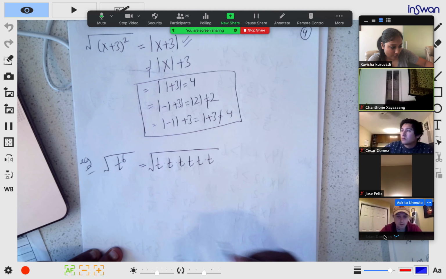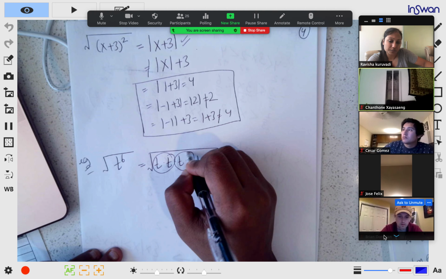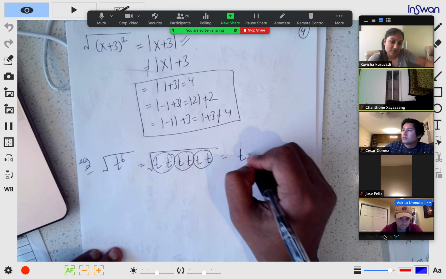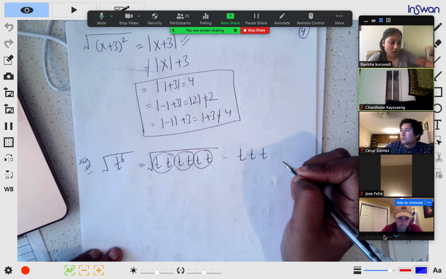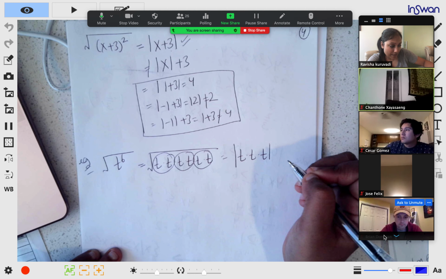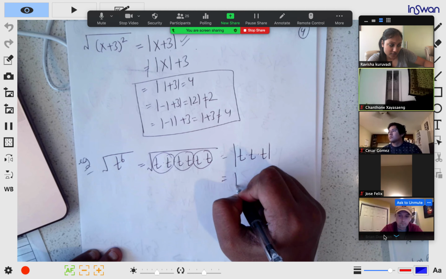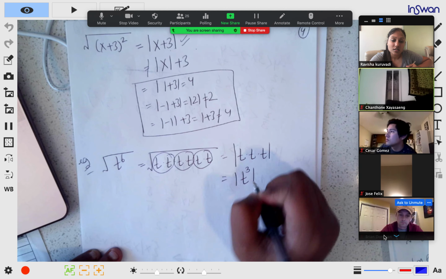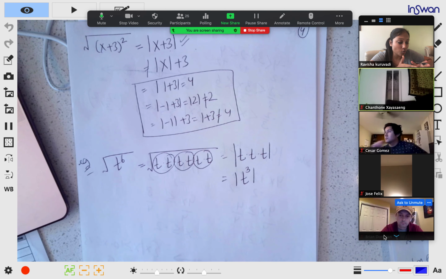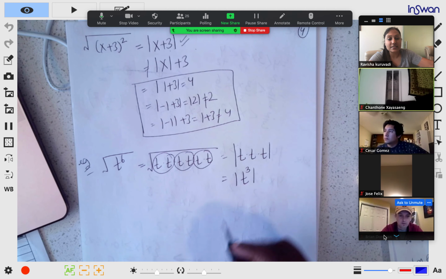I made a pair of 2, a pair of 2, a pair of 2. 3 t's will come out. Make sure they are in absolute value. It becomes absolute t cubed. Note, I'm not removing the absolute value because I don't know what t is. If I knew what it was, I could remove my absolute sign here. But since I don't know, I will keep it as it is.